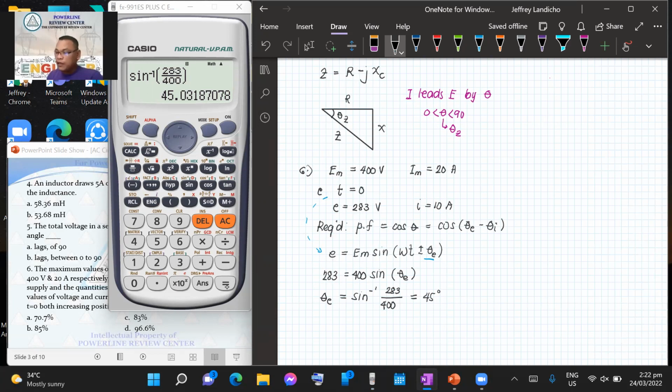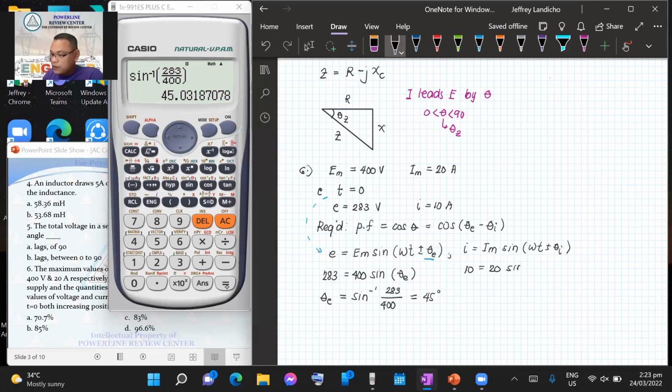Therefore, same idea. Kunin natin yung instantaneous equation for our current. So your current I equal to... so after this substitution, ano ang kanyang instantaneous? 10, maximum of 20.